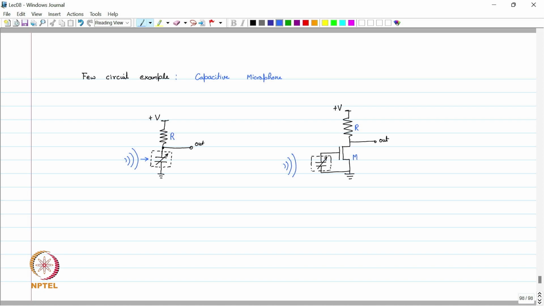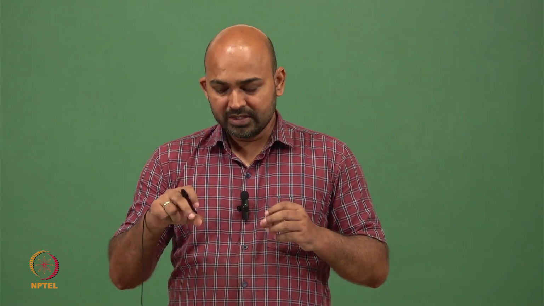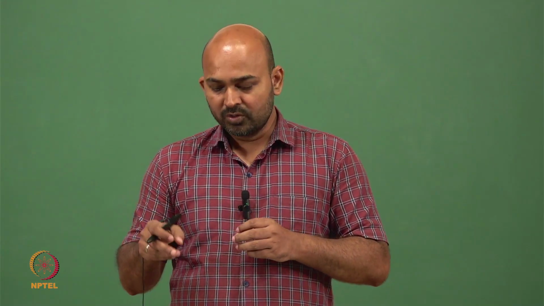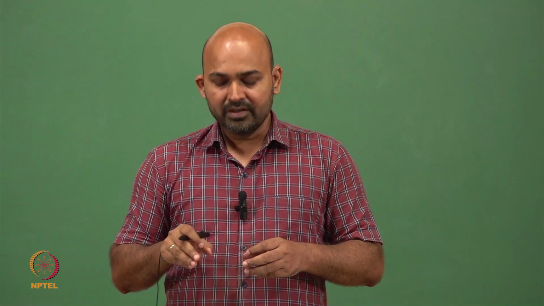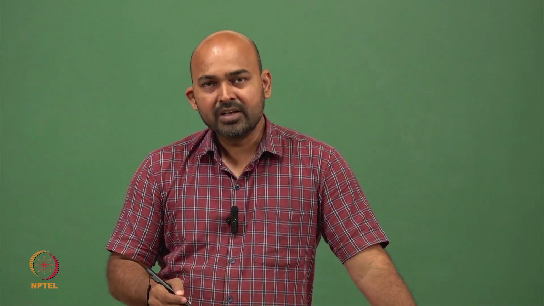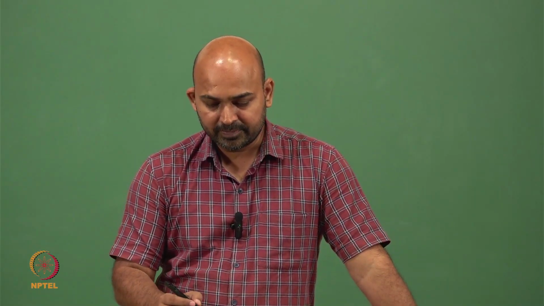So we have a small signal generated by the diaphragm which is boosted by this amplifier, and at the output node V out we get a much amplified version of the signal generated by the diaphragm.